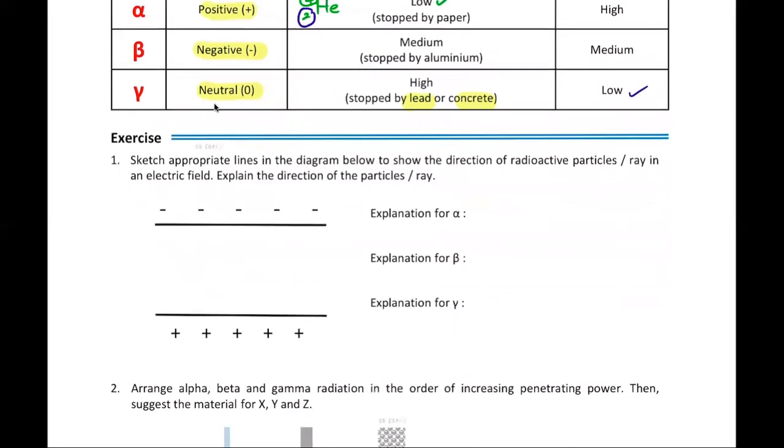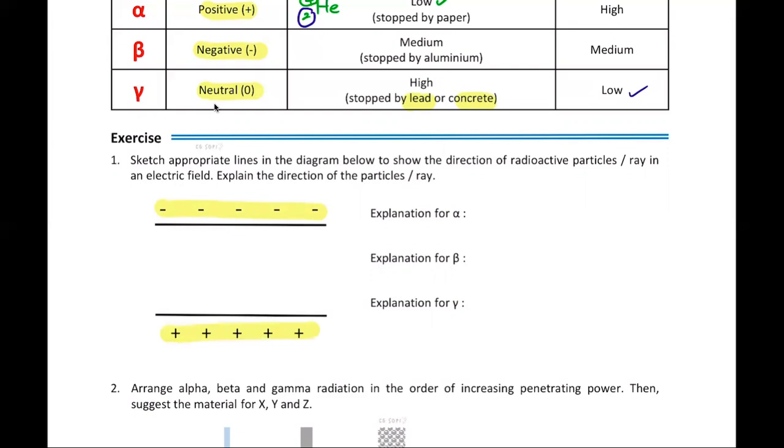Now for the exercise here, sometimes the question will ask you to draw the deflection for each of the alpha particle, beta particle, and also the gamma ray. Here we have a negative plate at the upper part and the positive plate on the lower part.